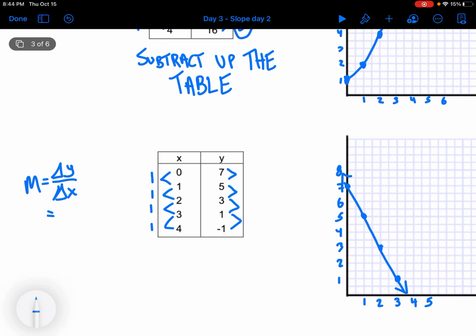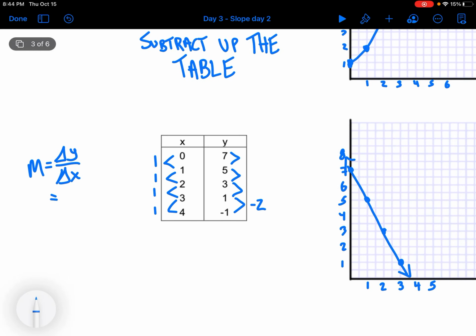Now remember, we're subtracting up the table here. Negative 1 minus 1, that's negative 2. 1 minus 3, that's negative 2. 3 minus 5, that's negative 2 and negative 2. So all of these being the same shows me that this is a linear graph.